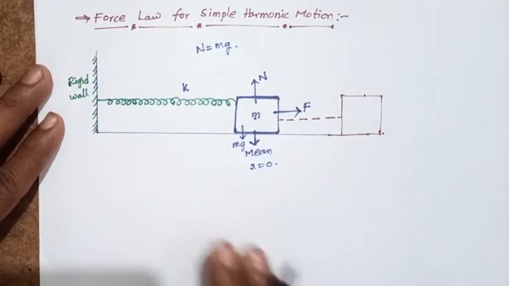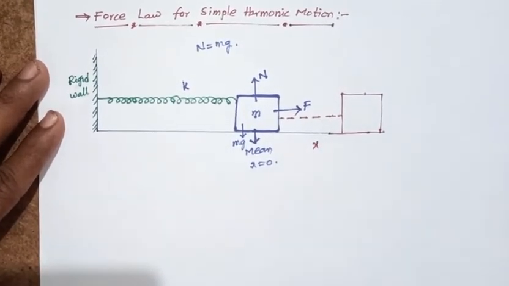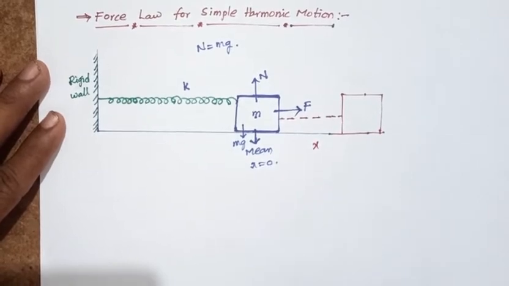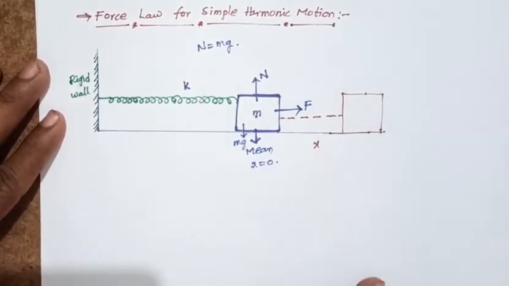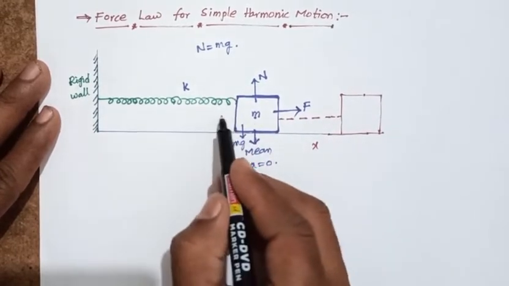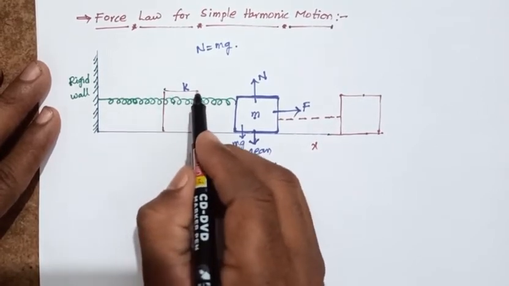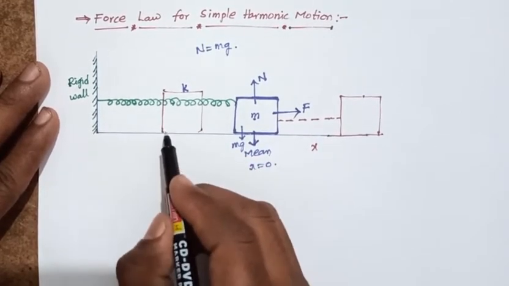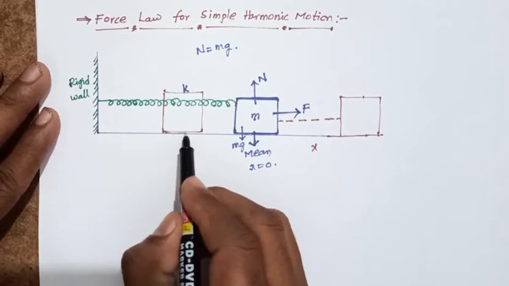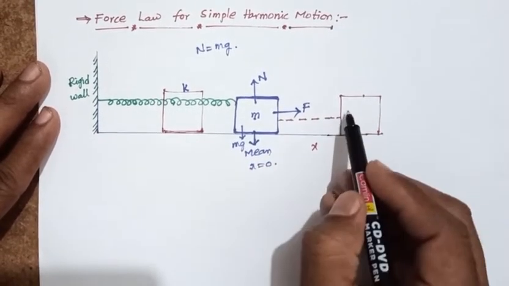The displacement we have taken as x. After removing the force, what happens? The spring is compressed, and the block comes to the left hand side.